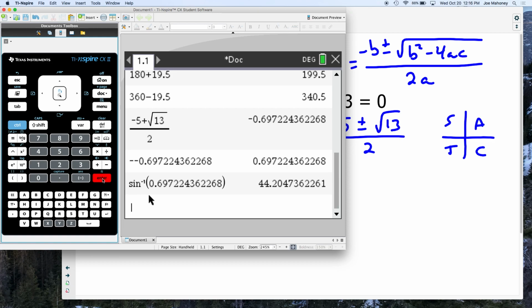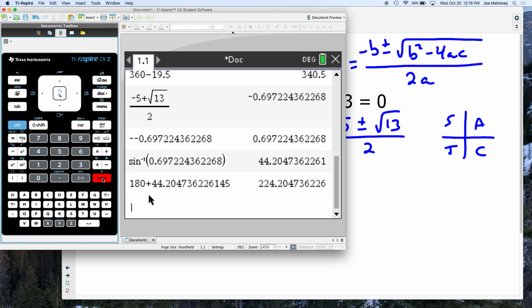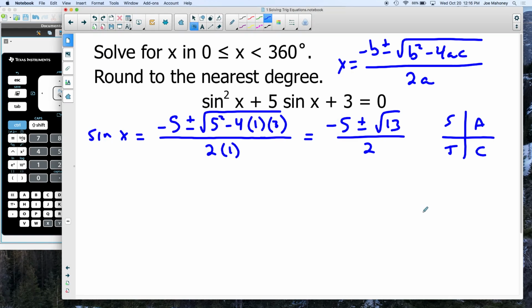So this is my angle in quadrant number 1. But I know I'm in quadrants 3 and 4. So I better do 180 plus that answer. So here's one of my angles. One of my angles to 3 sig figs is 224. Let's go back here. So one of my angles is 224 degrees.